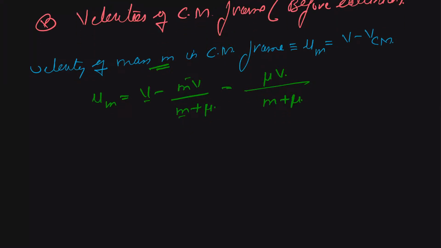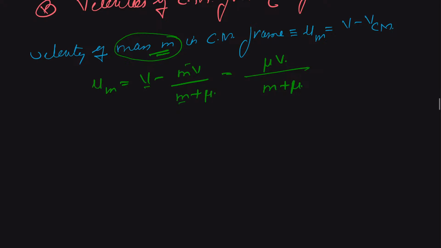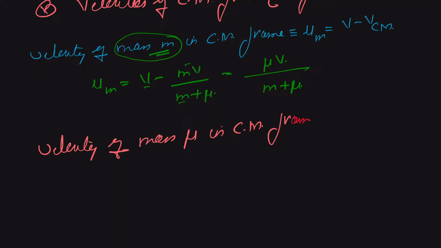And we were having two objects. One was having mass m and other is having mass mu. So we can find out now velocity of mass mu in center of mass frame. Velocity of mass mu in center of mass frame, and let us call this as our u mu.